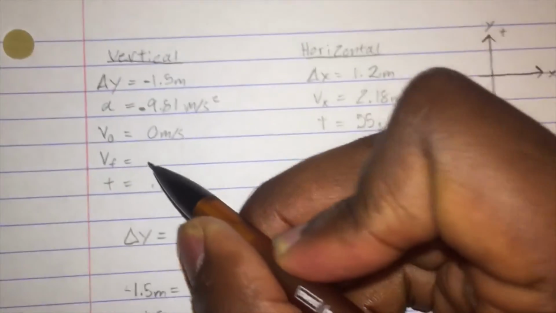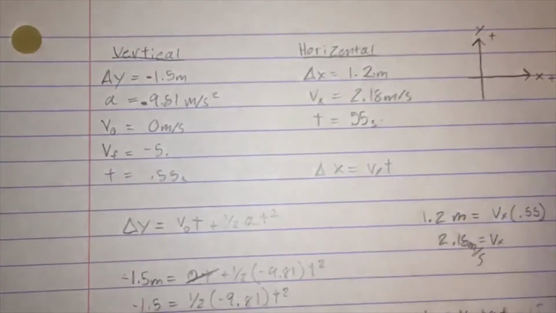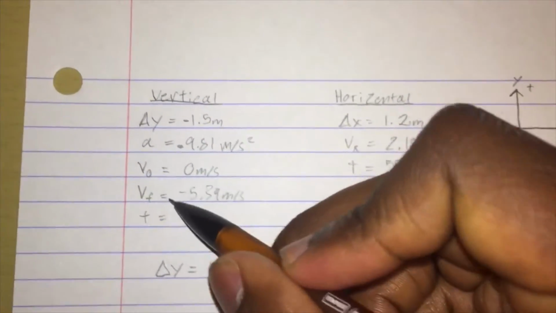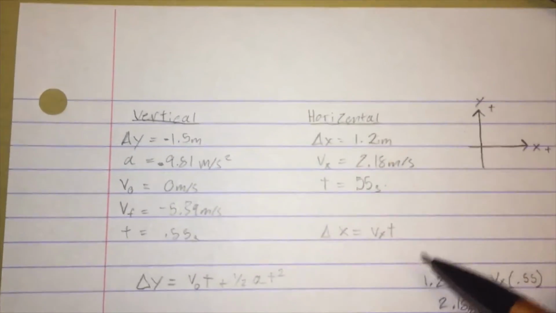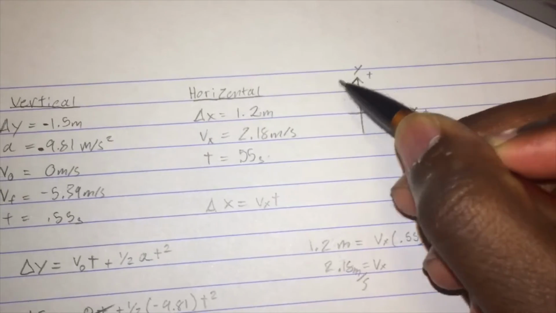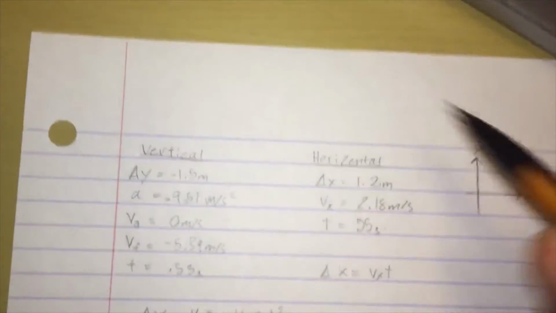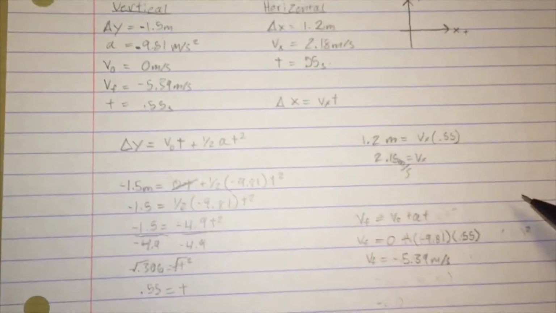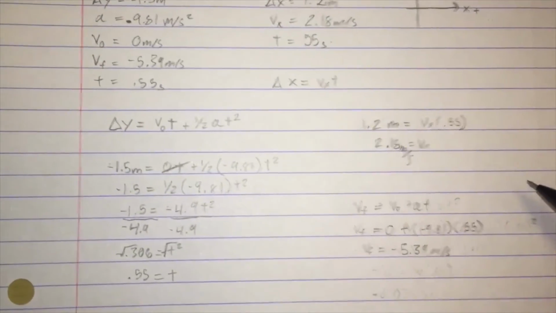So I'll write that down in here. And it's negative because the ball is traveling downward in the direction opposite of y, going positively up. So that's what makes it negative. And that is how you physics out the tennis ball dropping.